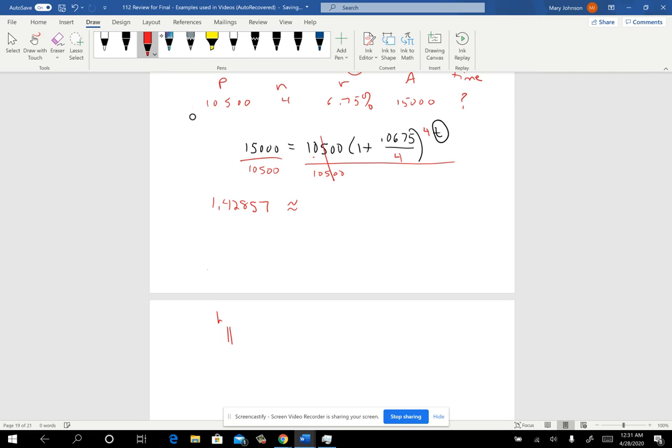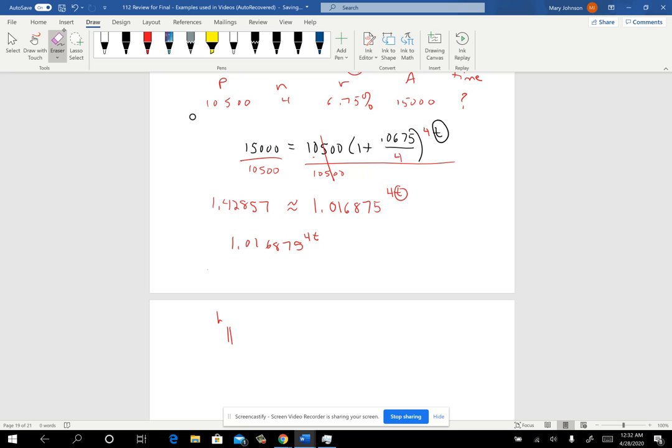Okay. And then here, let's clean this up. So this is going to be 1 point, and then let me take the 0.0675 and divide by 4. Okay. So that's 1.016875 raised to the 4t power. Now the t is what we're solving for, so let's put that on the left.